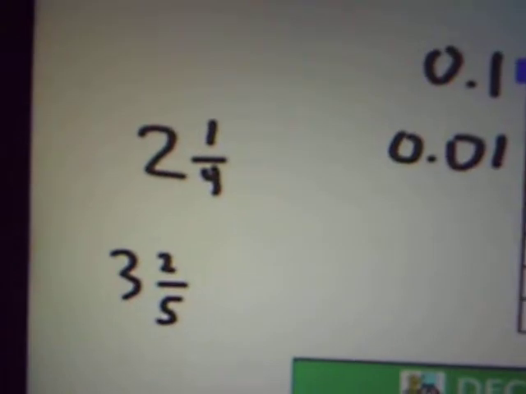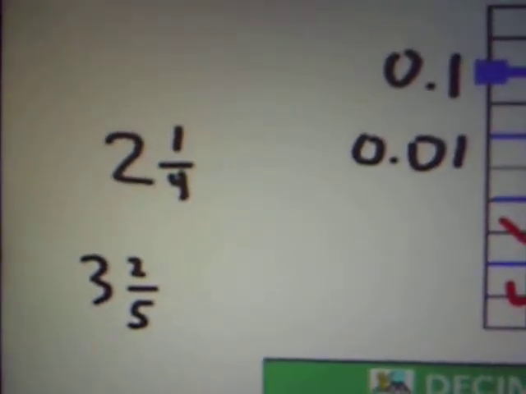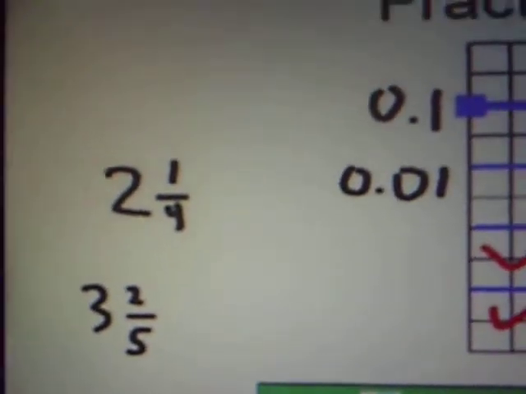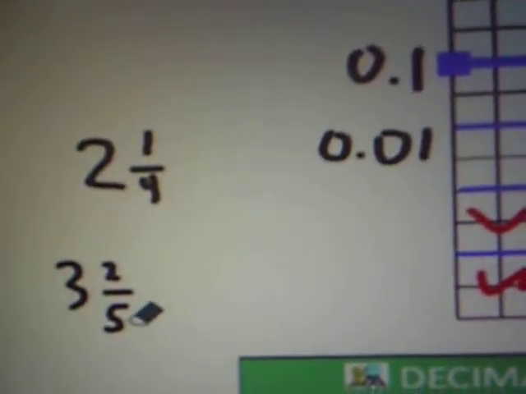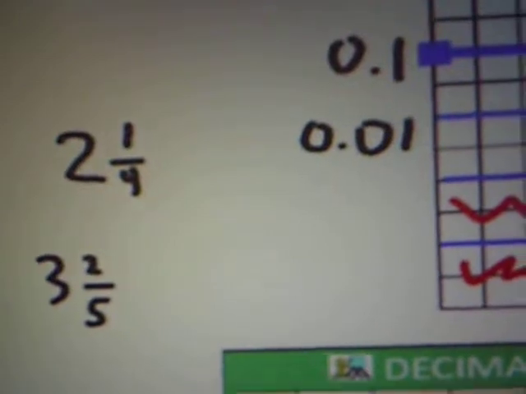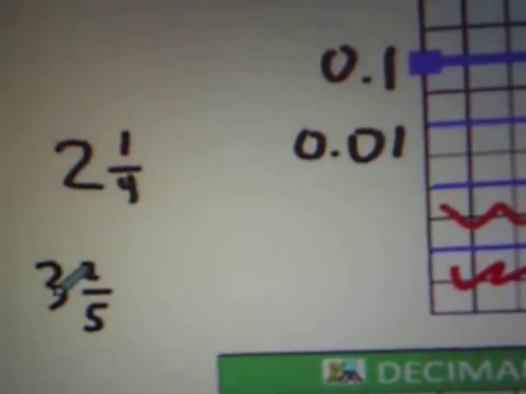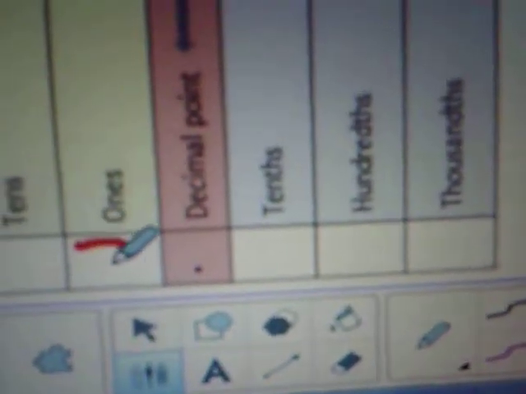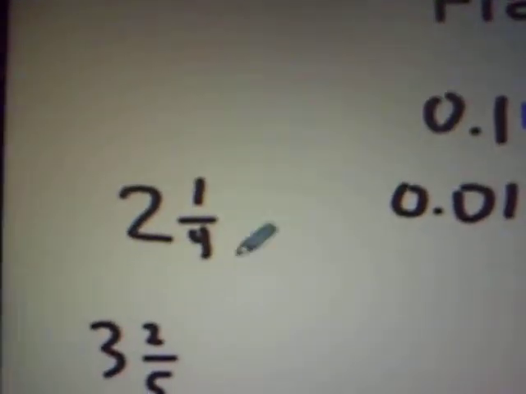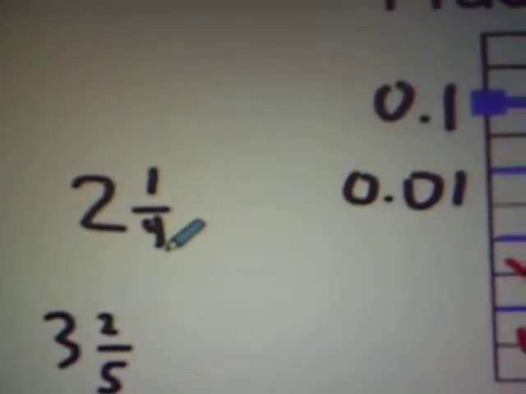Now, let's look at whole numbers. When you have a mixed number, such as 2 1/4, all you have to do is understand that these whole numbers represent the wholes, the ones or the tens. So 2 1/4 tells me that there's a 2 in the ones place, 2 wholes. All we have to do now is change the 1/4 to a decimal.